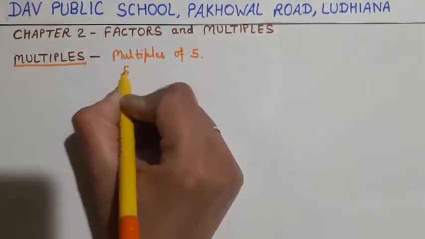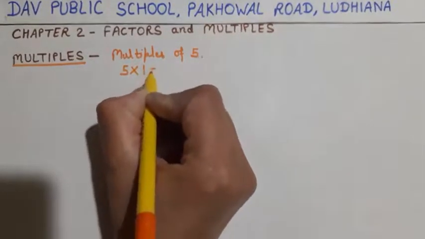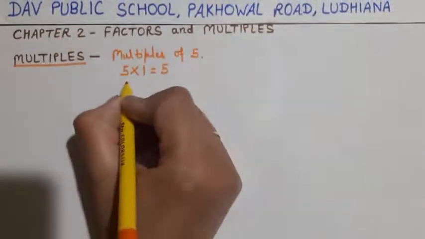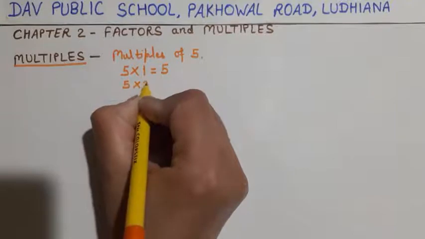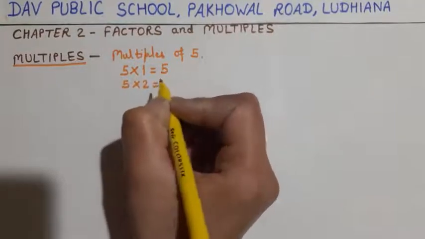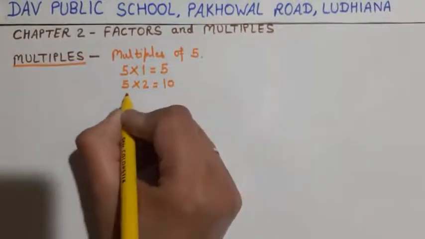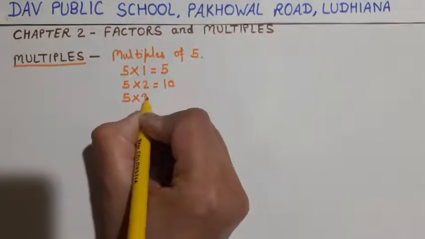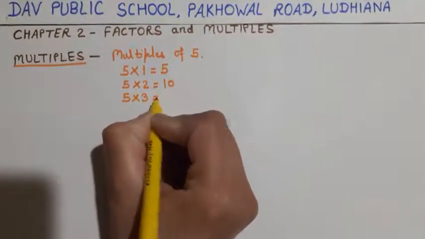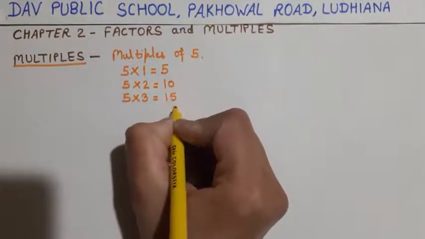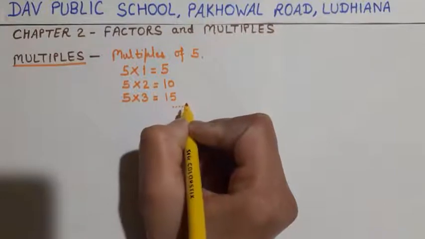That means the first multiple is 5 multiplied by 1 is 5. Second multiple is 5 multiplied by 2, 10. Third multiple you can find out by 5 multiplied by 3, that is 15, and so on. Okay?